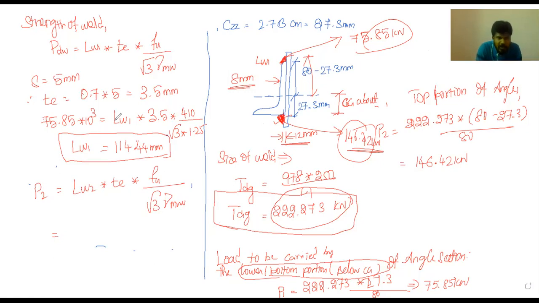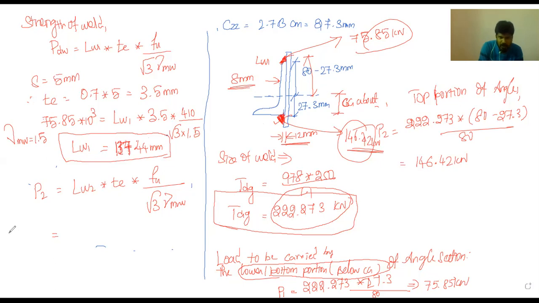If it is site fabrication, then the gamma MW value becomes 1.5. So here I am going to substitute 1.5. So the value becomes 137.44 mm.